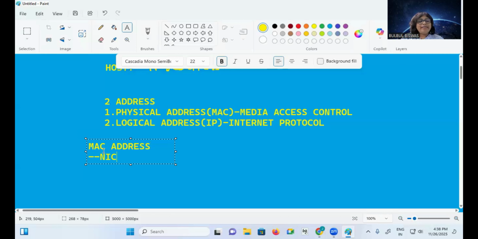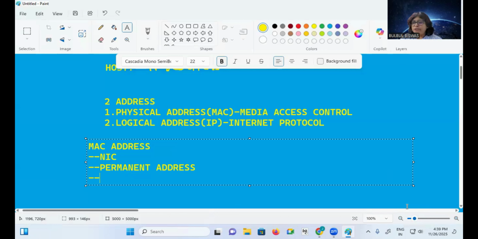This MAC address is present on this network interface card, and it is a permanent address, my dear. In which way is it permanent? This MAC address is hard-coded on the NIC at the time of manufacturing by the manufacturer. That means when this NIC card is manufactured in the production center, at that moment this MAC address is hard-coded on the network card.